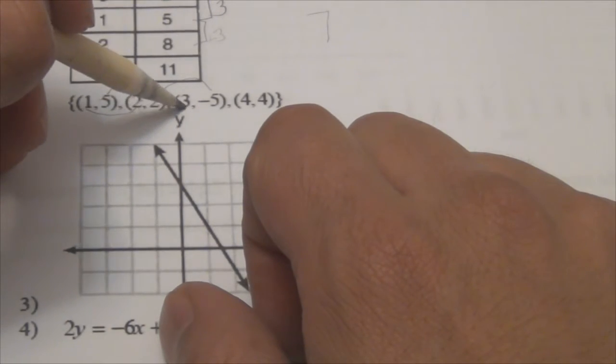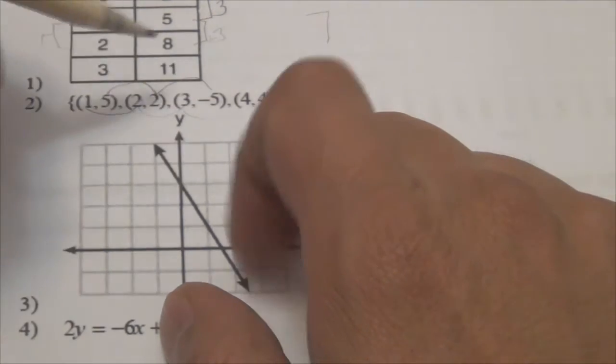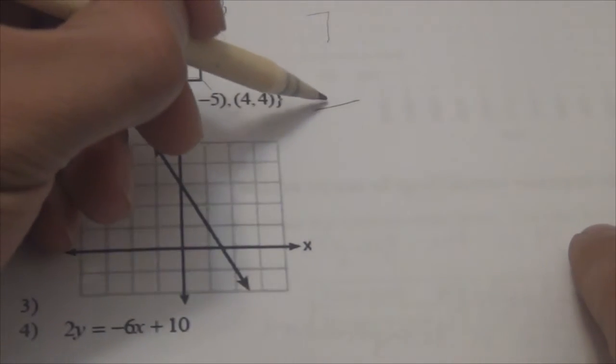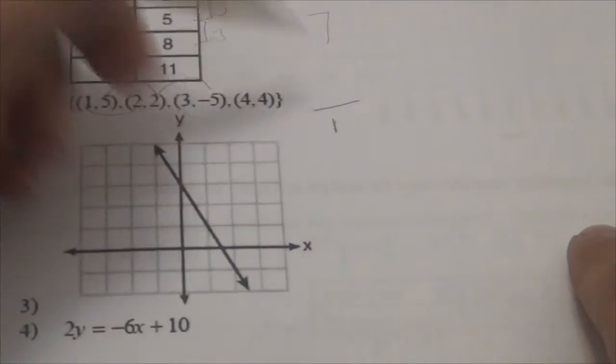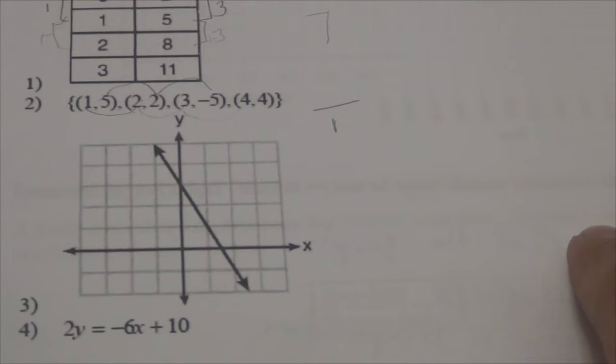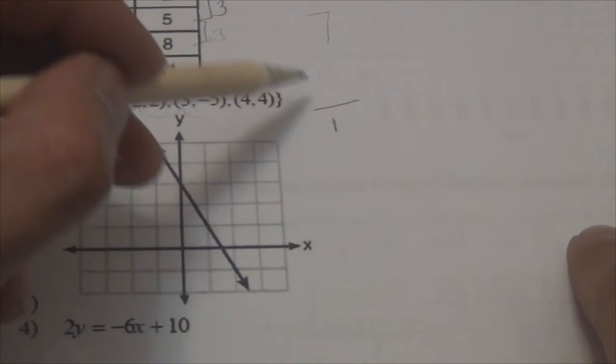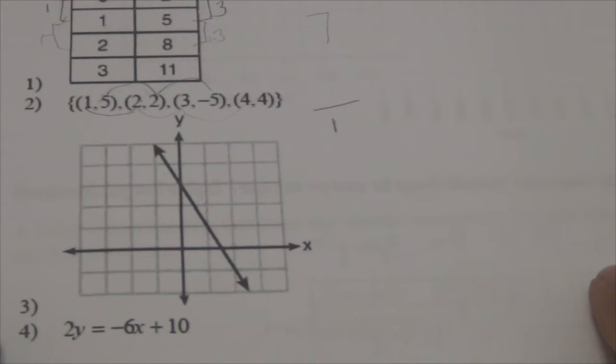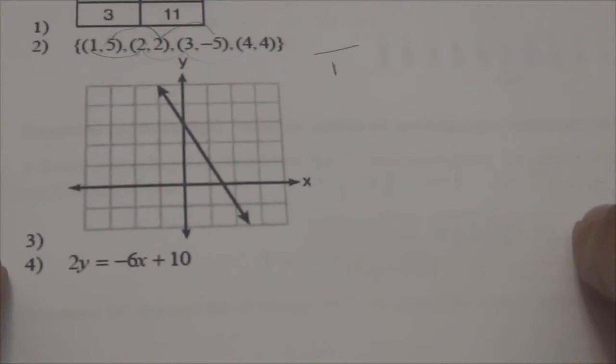Remember what the slope is? The change in y over the change in x. The change in x was always 1. But then the change in y at the beginning decreased by 3, and from here to here it decreased by 7. So it's not linear. When it's linear, it decreases at the same rate.